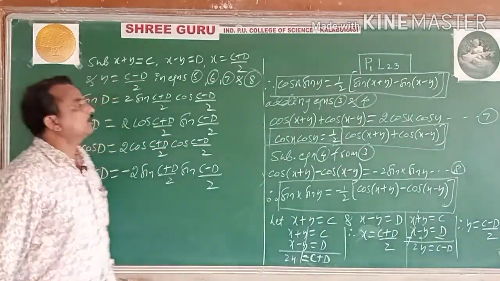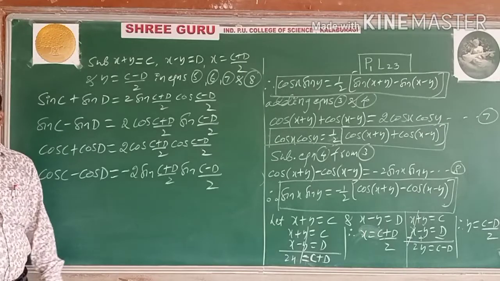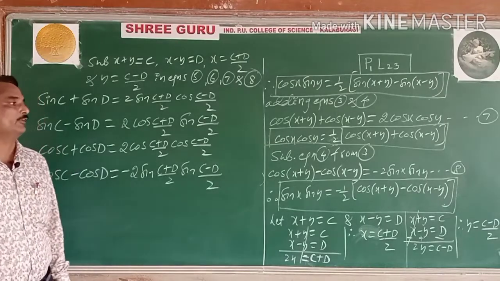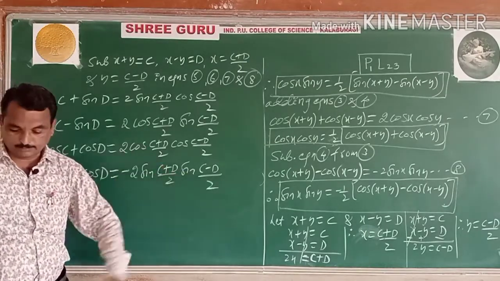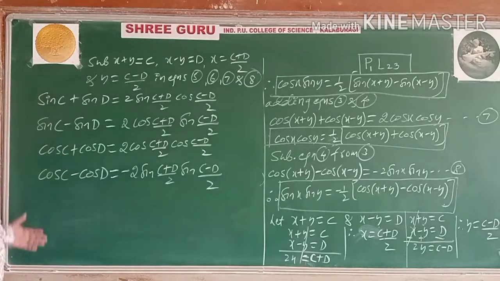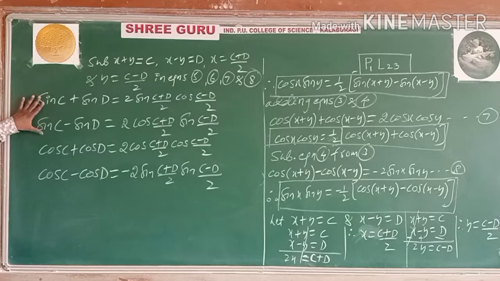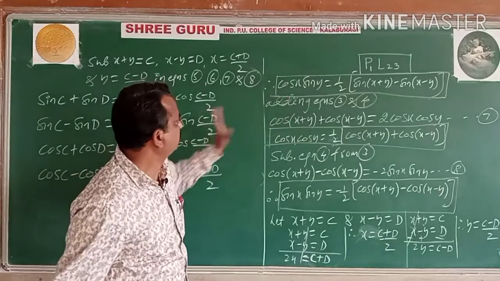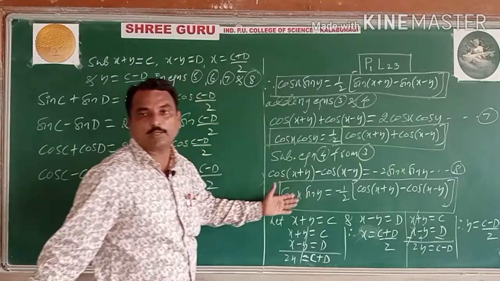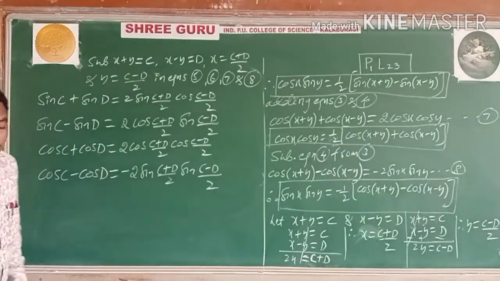So this is the compound angles, sum and difference of the trigonometric functions. Now let us, using these formulas, calculate the examples. I will write the formulas here first: sum 4 formulas and product 4 formulas, which we have transformed.